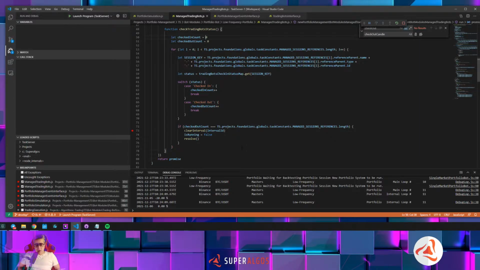so now this is waiting, the portfolio bot is waiting for the managed trading bots to run and to check in and check out.